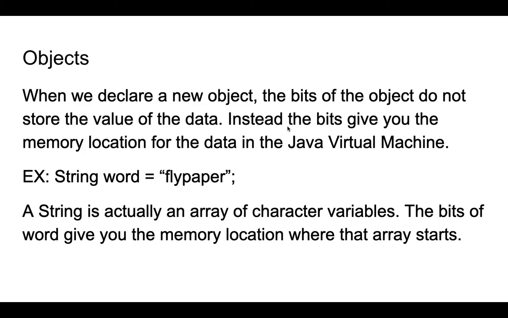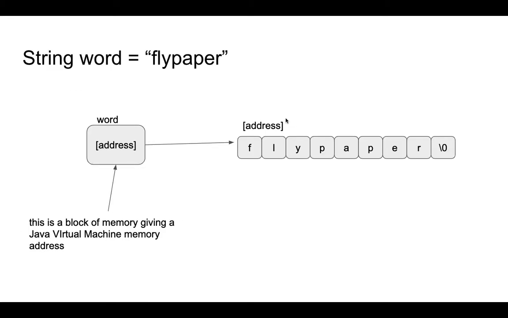The bits of word give you the memory location where that array starts. So we say string word equals flypaper, then we get a block of memory associated with the variable word that's an address, and then that is the address of the array of characters where the string is stored. In this case, FLYPAPER, and that \0 is the null terminating character at the end.